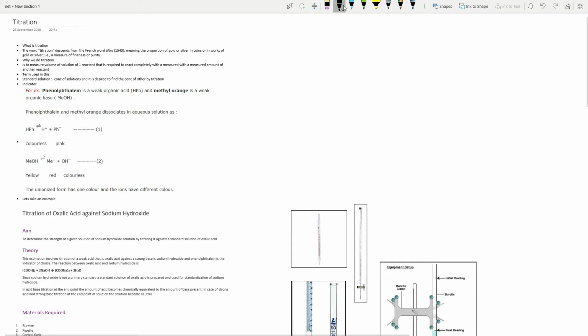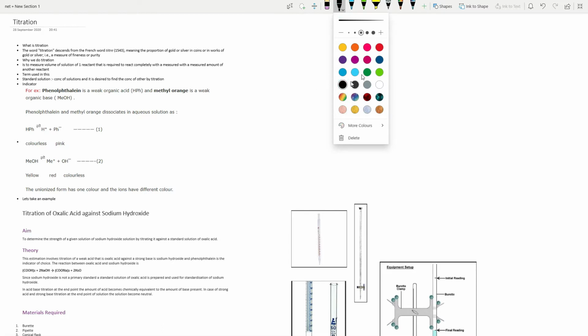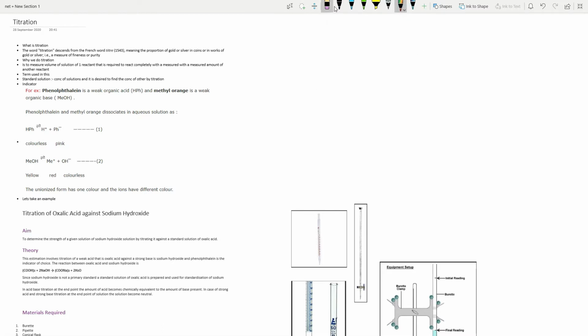For example, I have a substance A and a substance B. In chemistry, you make a solution of A, and you don't know about B. What you know about A is that you are making it, so you know the volume, the mass you have taken, and its strength.